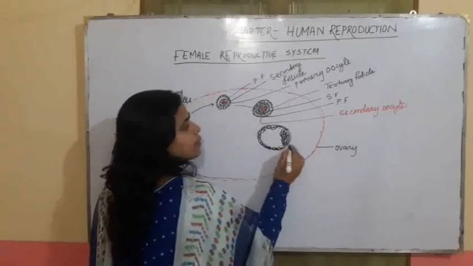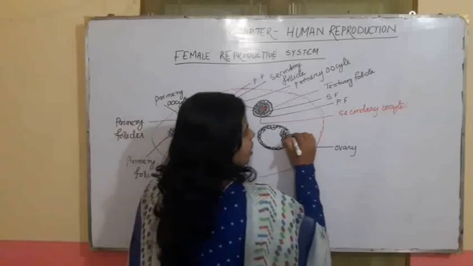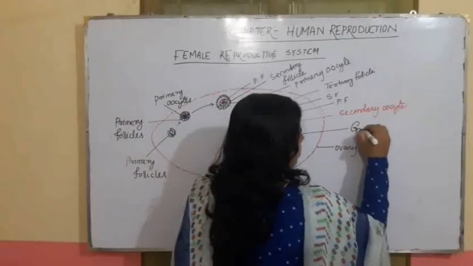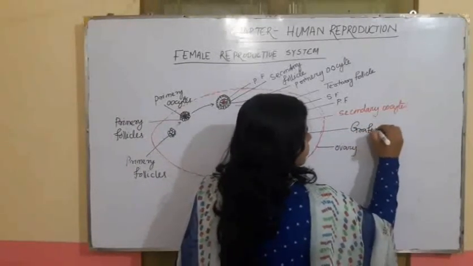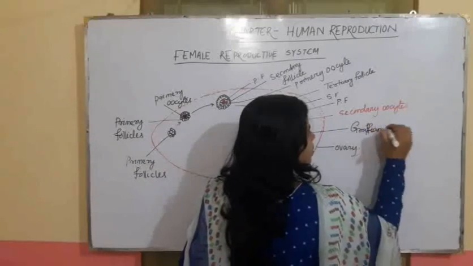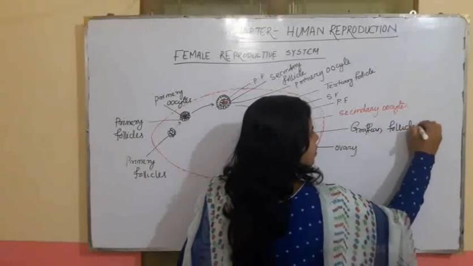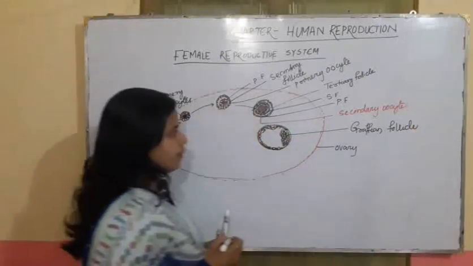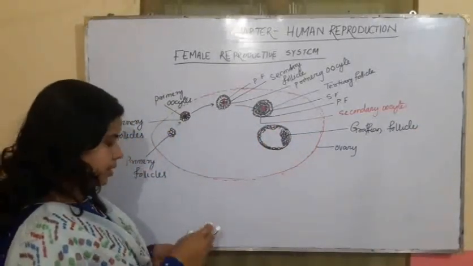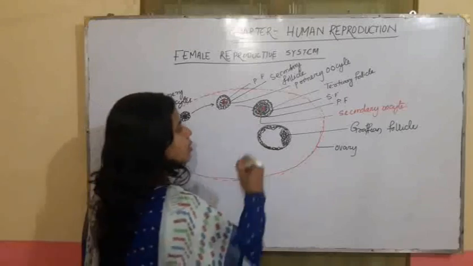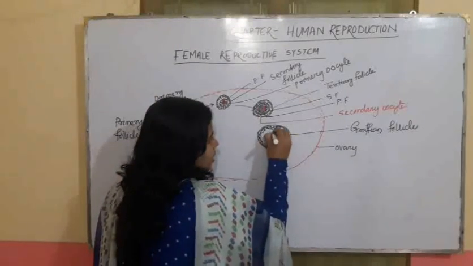So this type of structure is now called as what? Graafian follicle. Graafian follicle.